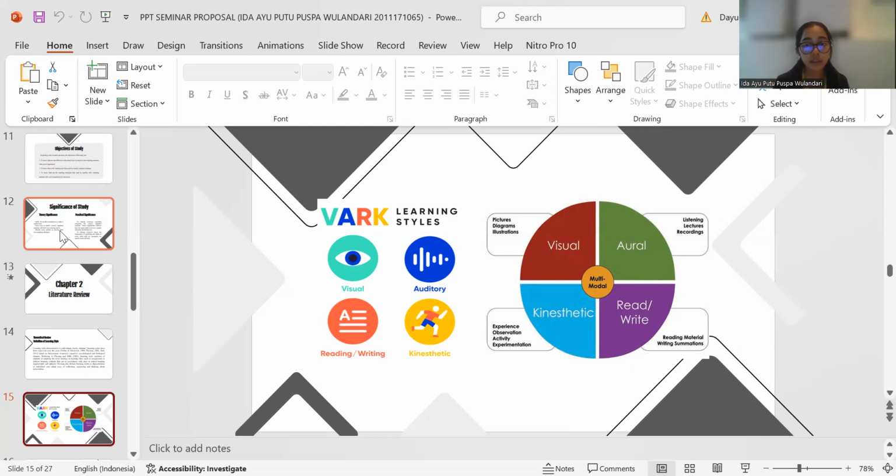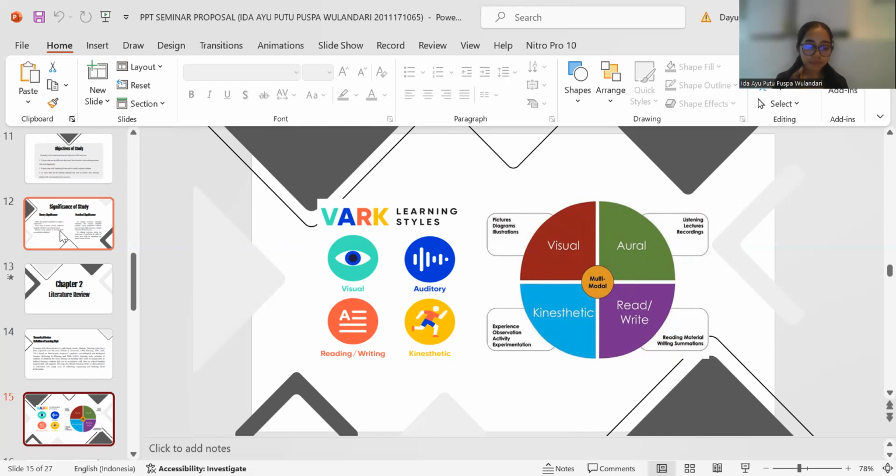They really love listening to lectures, like listening to the speech of the teacher, and also recording. And the next one is read and write. Most people have this learning style, which tends toward reading and writing. They really love reading materials and writing summaries and so on.